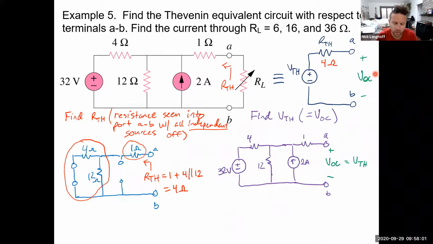If you disconnect the load, there's no current flowing through our R Thevenin, and therefore there's 0 volts drop across our R Thevenin. And therefore, it's clear to see that the open circuit voltage across the port AB is the same as the voltage across the source, V Thevenin. So that's another way for you to convince yourself that VOC is equal to V Thevenin.